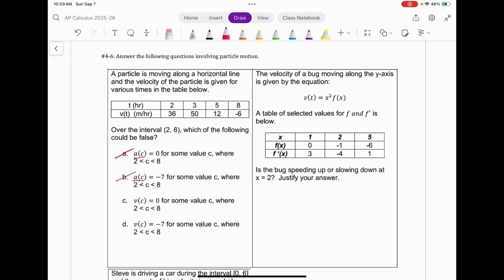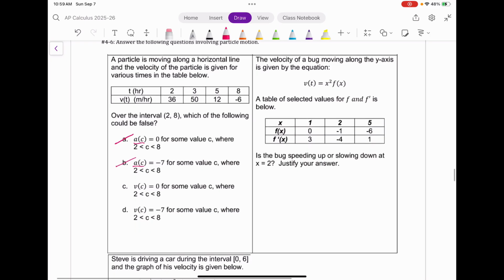But you'll notice that the structure of all these answers are based on the intermediate value theorem. So we can see that our lowest velocity happens at -6, right? And our highest velocity happens at 50, right?